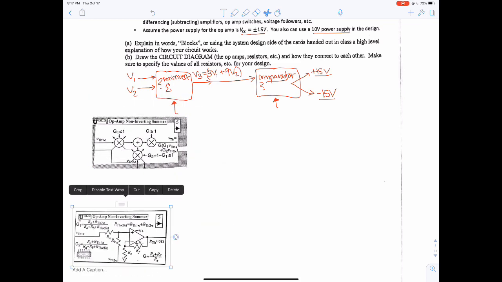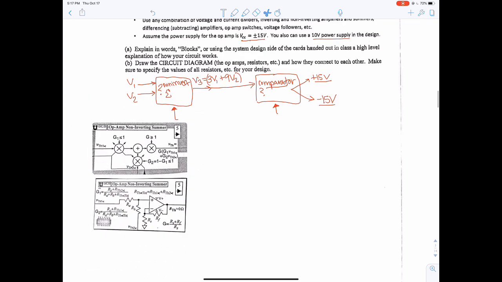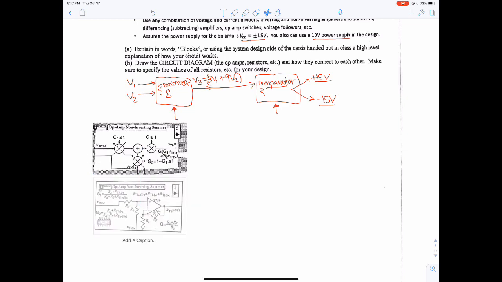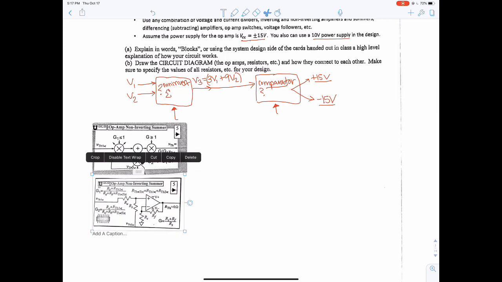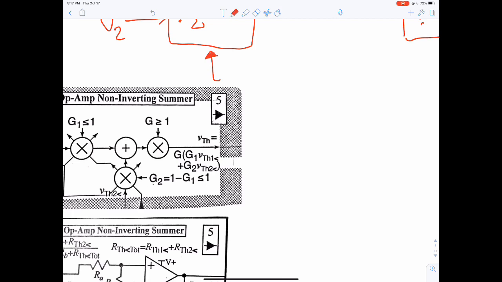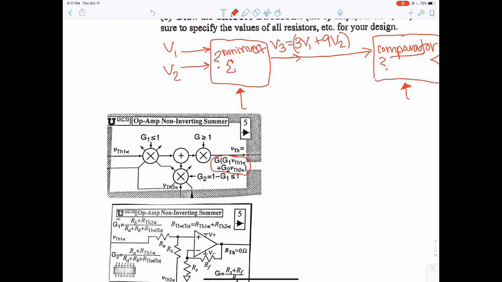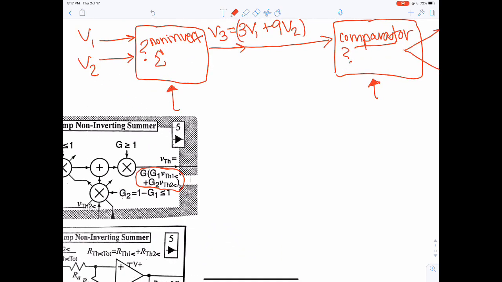So we see from this card that this is the side that's going to show us the equation that we could achieve from here. Now we can see that yes, we want to achieve this V3 is 3V1 plus 9V2. If that's the case, then our output's going to be V3.